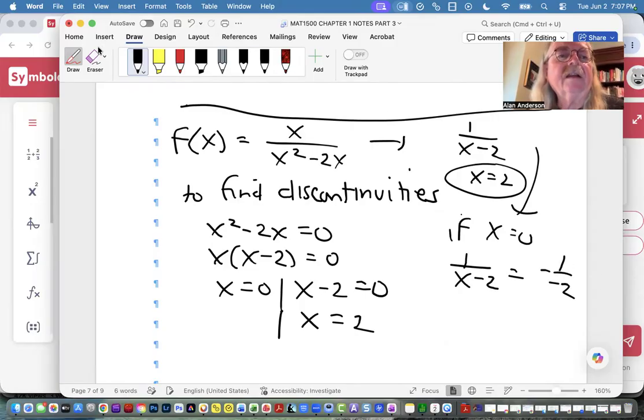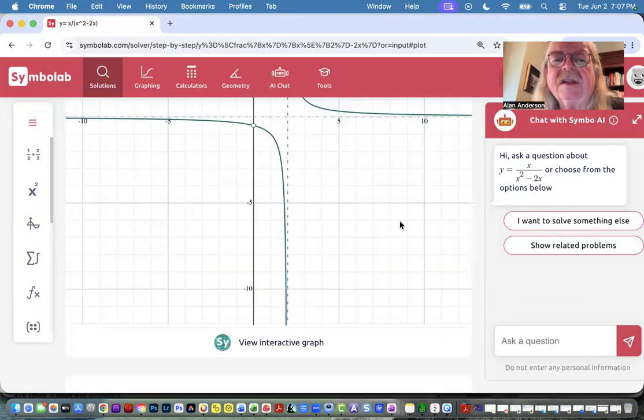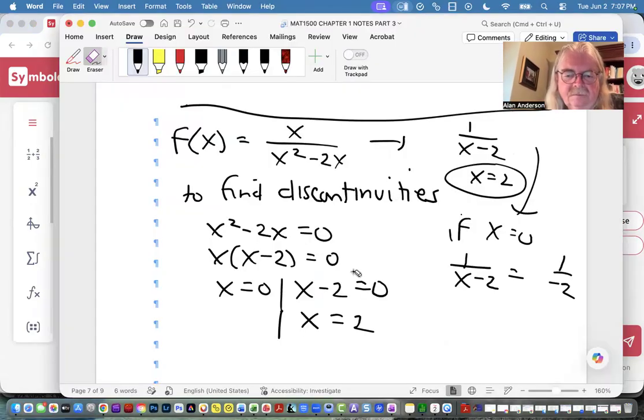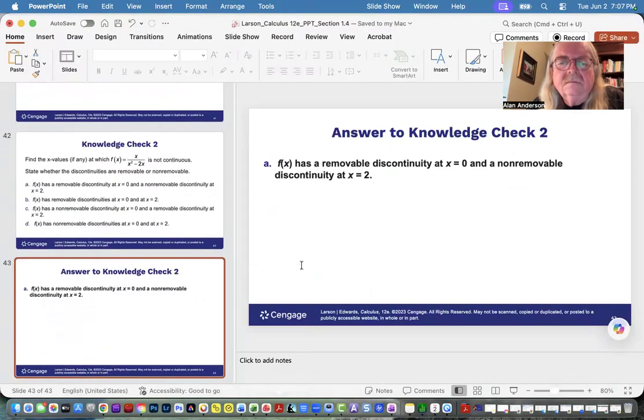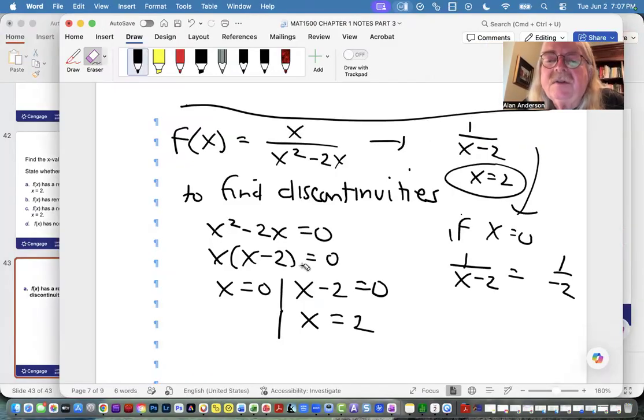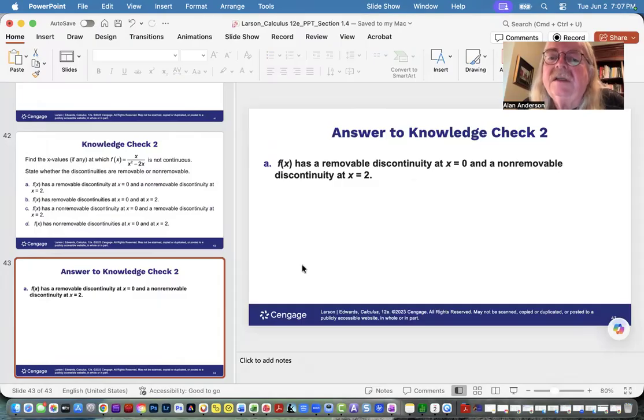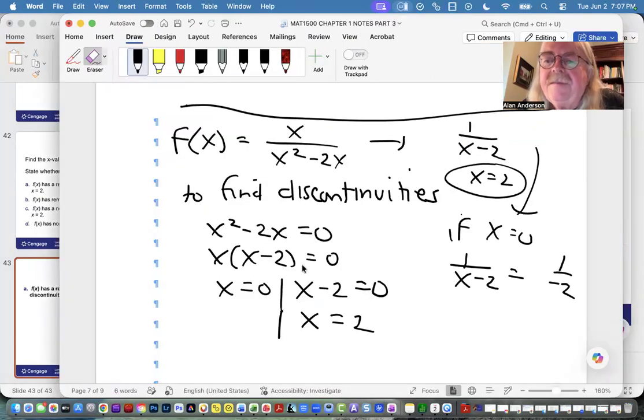It's 1 over negative 2. And so we have a removable discontinuity there. When x is 2, because it's an asymptote, we cannot remove that discontinuity. When x is 0, we can.